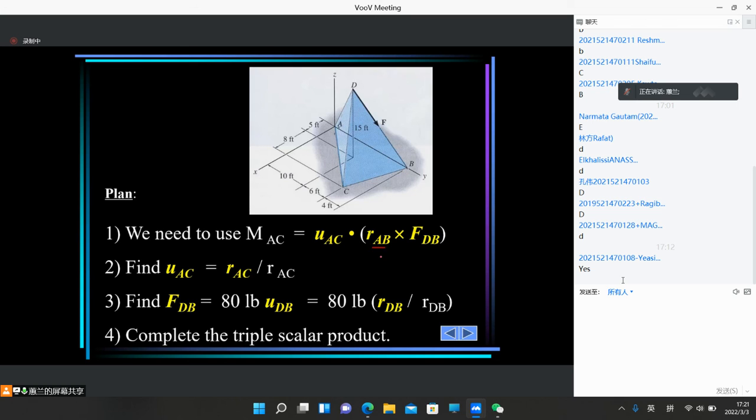I don't use RAB, I use RAD, the position vector RAD. Is it wrong or correct? I mean, here you see the unit vector of AC I don't change, but the position vector, instead of RAB, I use RAD. Is it okay? Oh, it's wrong.